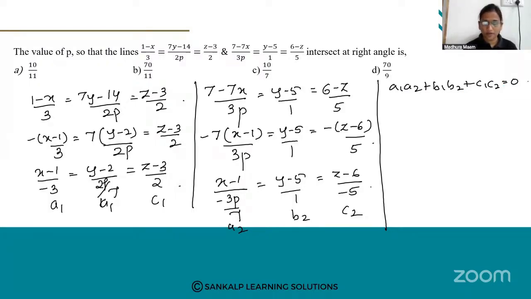That is minus of minus plus 3 into 3 is 9, 9p by 7 plus B1 B2. B1 ಏನಿದೆ 2p by 7, B2 ಏನಿದೆ 1. So that is 2p by 7 plus C1 into C2. C1 ಏನಿದೆ 2, C2 ಏನಿದೆ minus 5. That is minus 10. Okay.